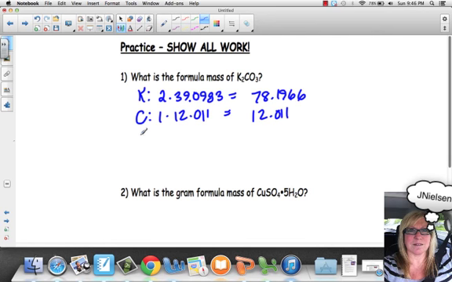12.011. And then oxygen, we have 3 of them, 3 oxygens times the mass of oxygen, 15.9994. And that gives me a mass of 47.9982.